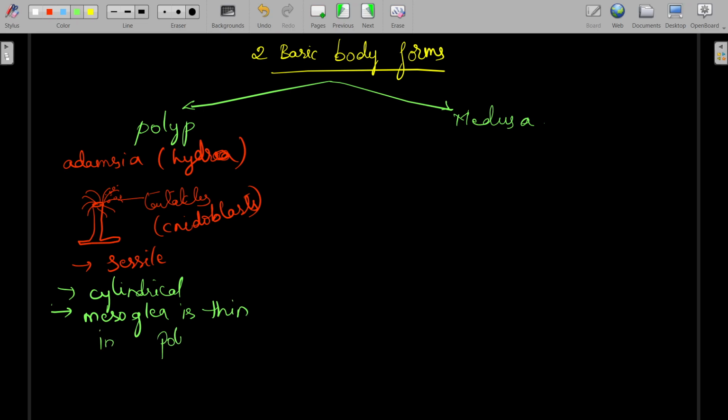So what is a polyp? Polyp means it cannot move, and medusa is a free swimming stage. In the polyp stage, the organism cannot move from the place to which it is attached.